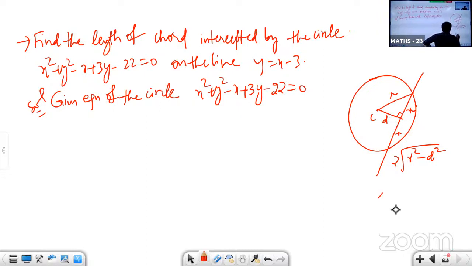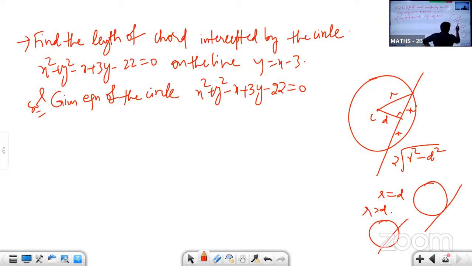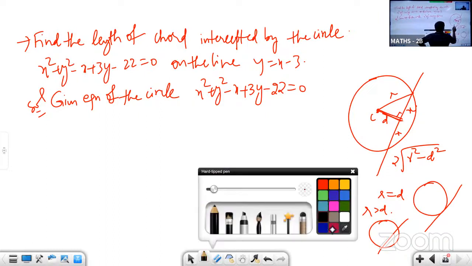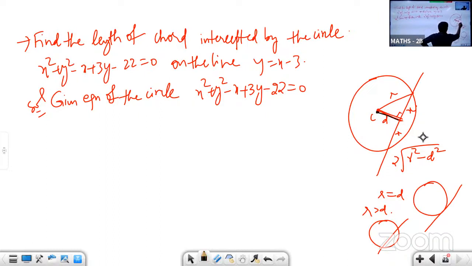When r is equal to d, that becomes a tangent. If r is greater than d, then that becomes a chord. d means this much distance only. Radius means from here to here, from this point onto the circle. So definitely r is greater than d, that's why it becomes a chord, and that length of the chord we are going to find.